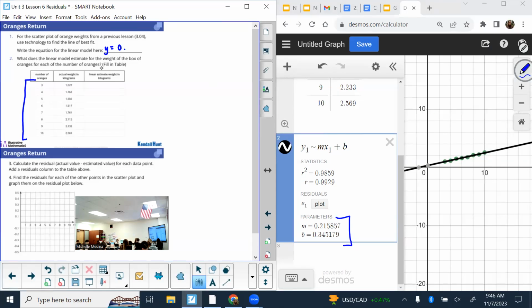I think rounding to 3 places, since our actual data is rounded to 3 places, would be enough. So for my slope, is it going to be 215 or 216 based on my rounding rules? Sorry if you can't see, hopefully you can put it on your screen and see it better. Is it going to be 0.215 or 0.216?